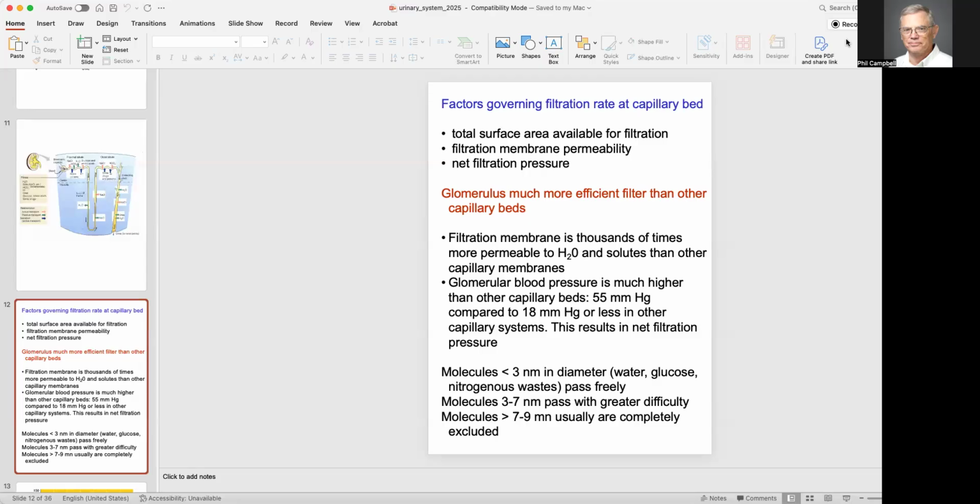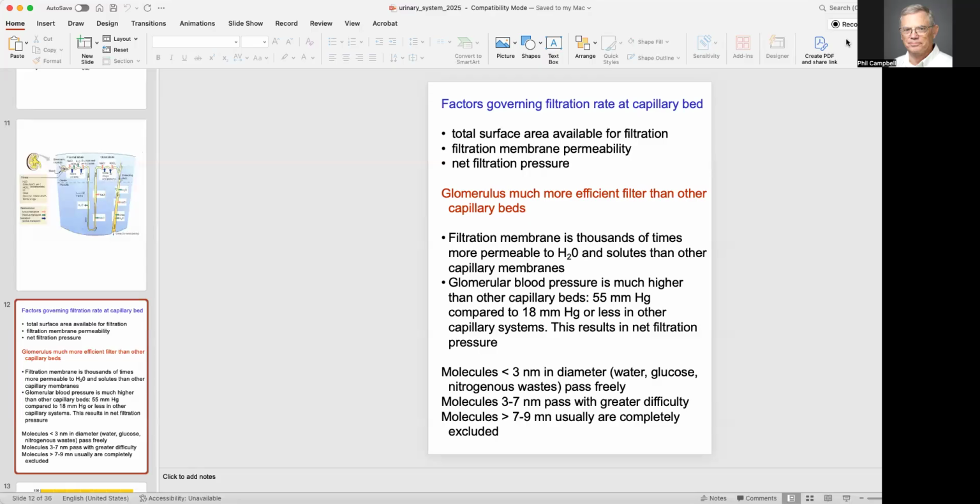And the glomerular pressure is higher than other capillary beds. And this is a function of the unique anatomic structure of, here again, the glomerulus, afferent arteriole, efferent arteriole. The reason I'm showing you this is there's a big size difference between the afferent arteriole and the efferent arteriole.